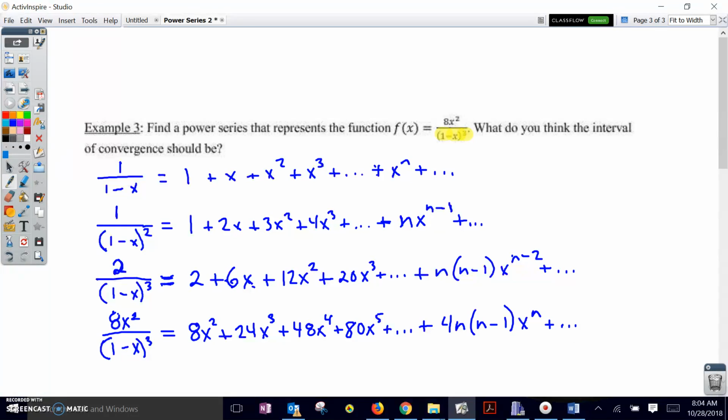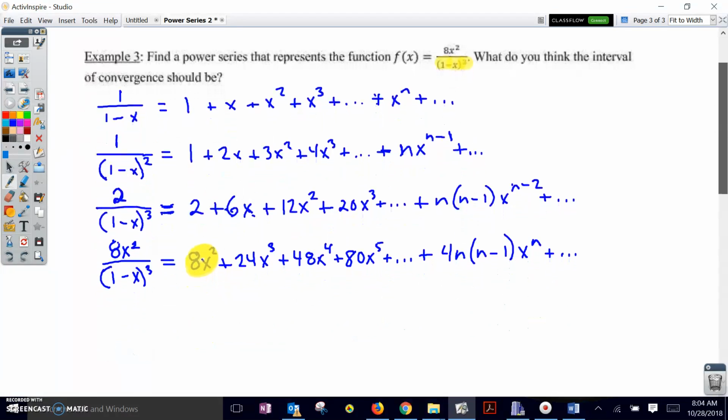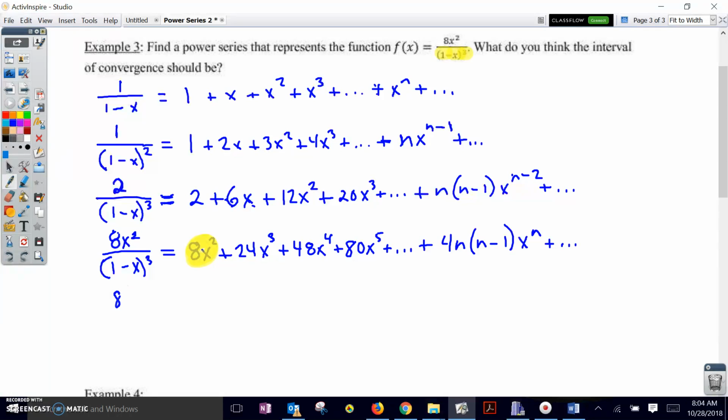Now I want this term right here to be my 0th term, and right now it's my second term, so I'm going to add 2 to every n expression in this series, and that's going to get my general term to match up, so that my first term in this series is the 0th term.